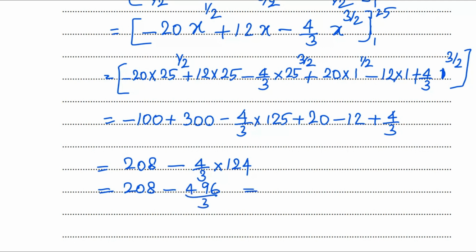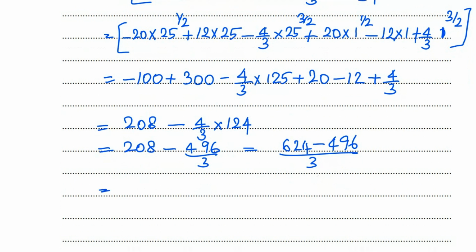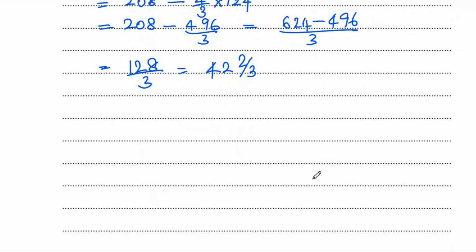Take LCM: 624 minus 496 divided by 3. So this is equal to 812 divided by 3, so 42 2 over 3. So area is equal to 42 2 over 3.